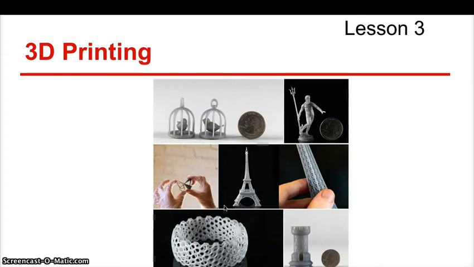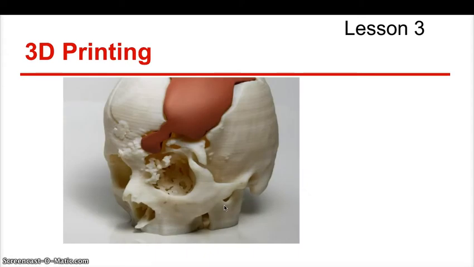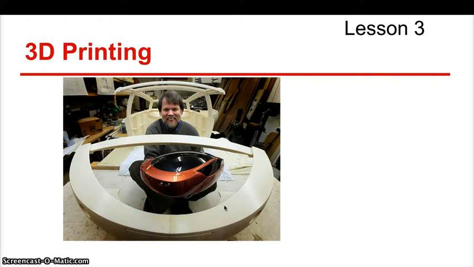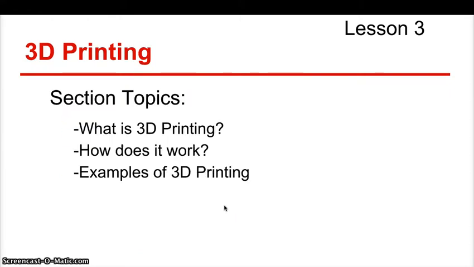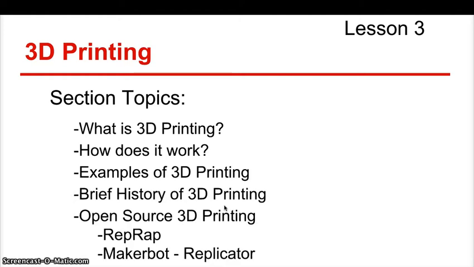Now, a little bit about 3D printing. You can make amazing things, and it's only getting better. Now, a quick 5 things: what is 3D printing, how does it work, and examples of 3D printing, a brief history, and an open source of 3D.